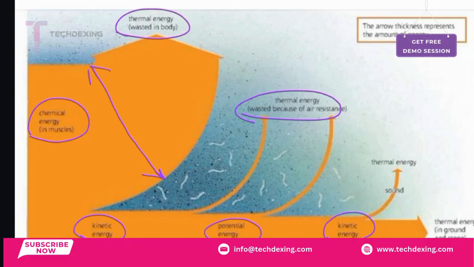Then the stone starts moving back towards the earth, and the gravitational potential energy is converted into kinetic energy. Then the stone hits the ground. So you can see that at every place there is some energy which is lost.